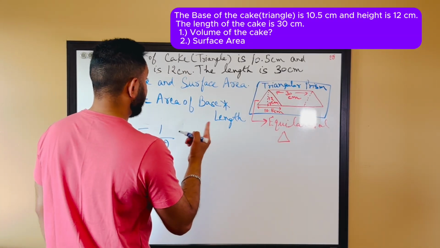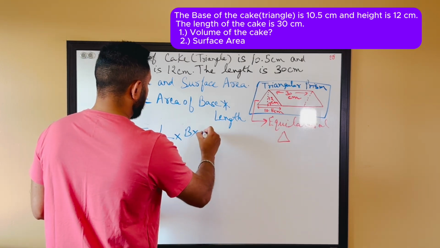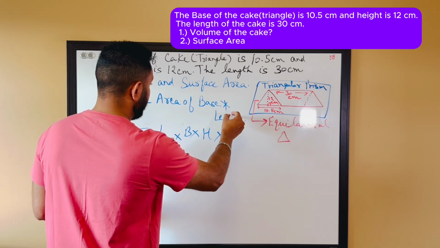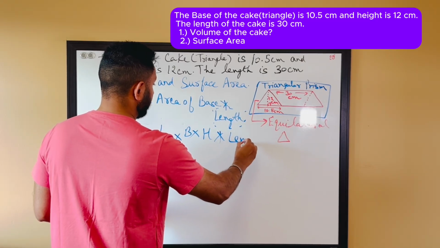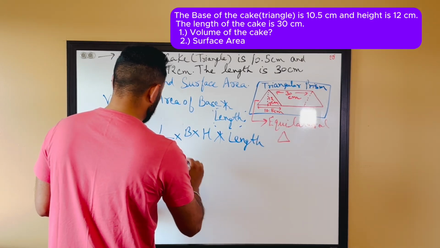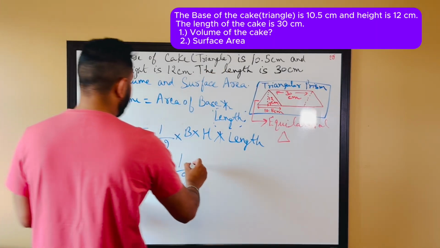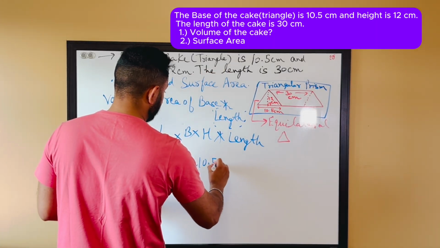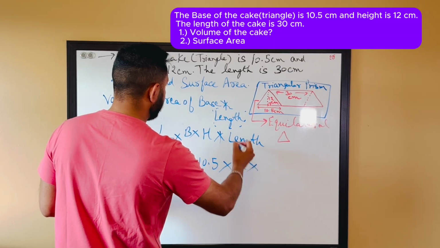The formula for the area of triangle is half base into height, and this is length, so into length. So put the values here. The base is 10.5 centimeter and the height is 12 and the length is 30.